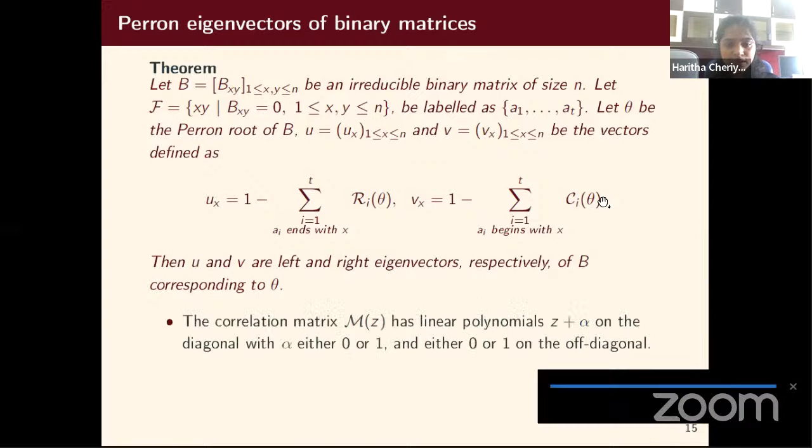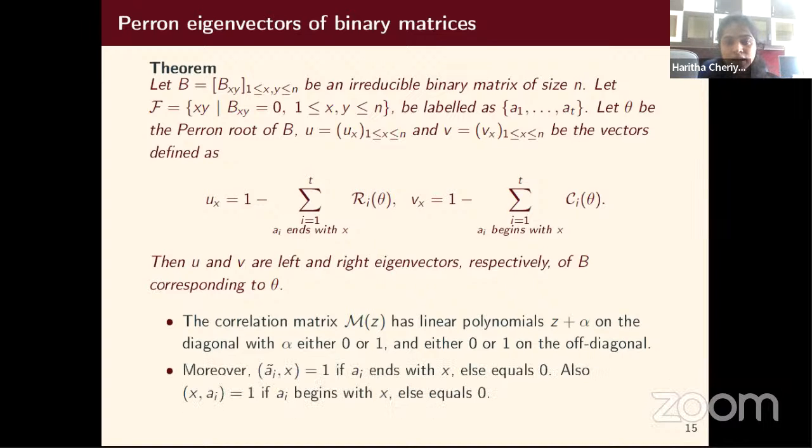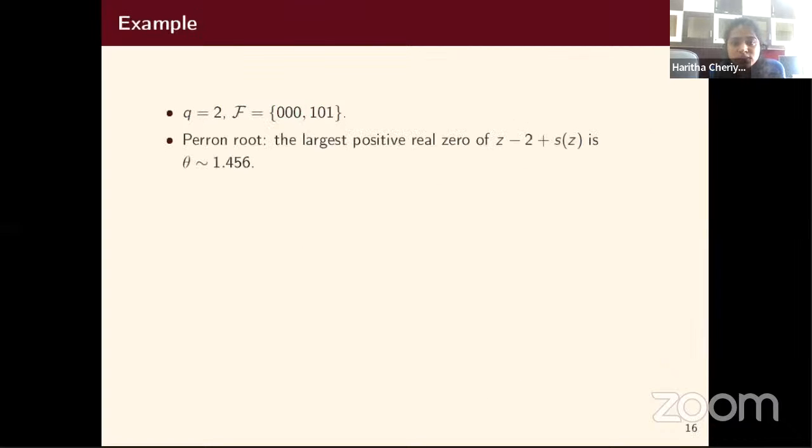The correlation matrix M of z has a linear polynomial on the diagonal with alpha either 0 or 1, and either 0 or 1 on the off diagonal. You also use the property that when the ai are all of word length 2, ai tilde comma x is 1 if ai ends with x, and otherwise it's 0. Once you apply these properties to the previous expression, you get this simple expression for the Parry eigenvectors for any irreducible binary matrix.